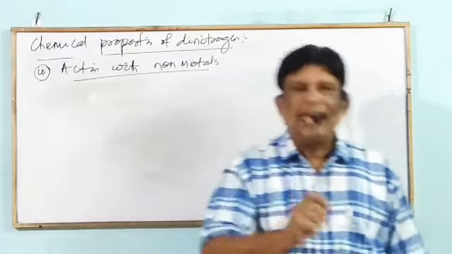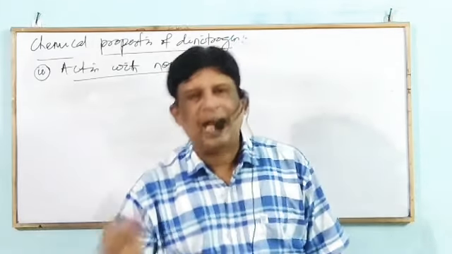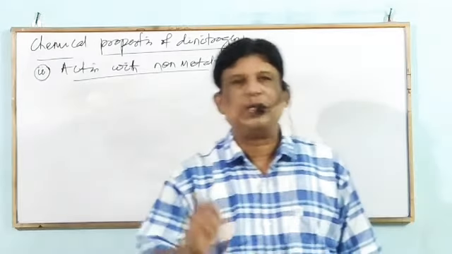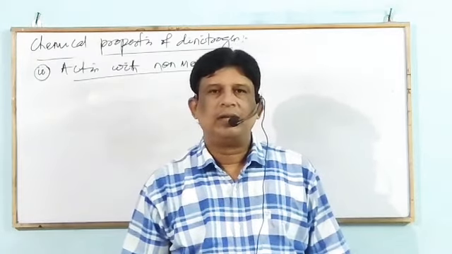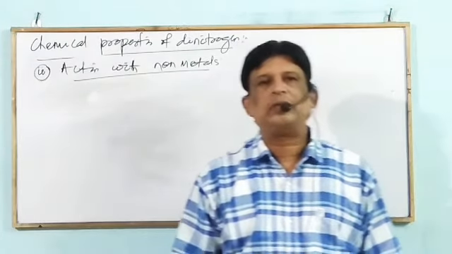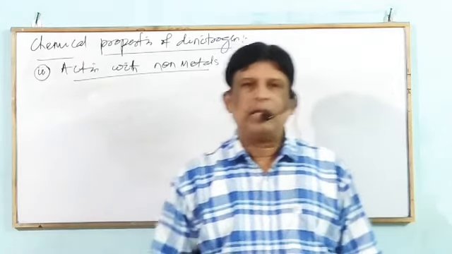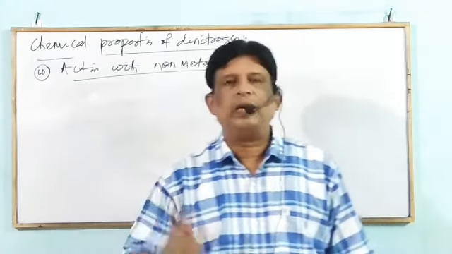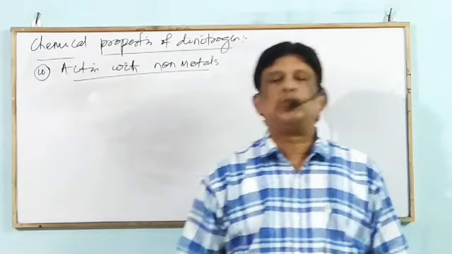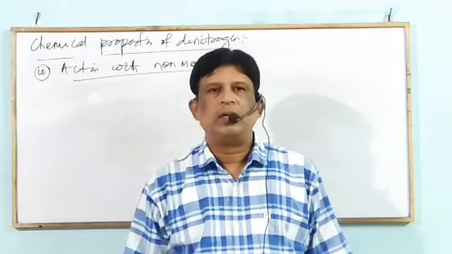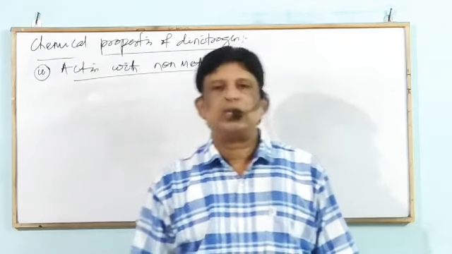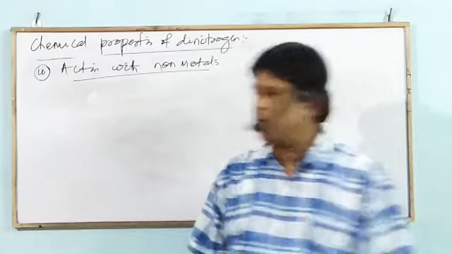When dinitrogen combines with dihydrogen, it results in the formation of ammonia. The favorable conditions are low temperature, that is 720 Kelvin, high pressure, that is 200 atmospheres, and finely divided powdered iron acting as a catalyst supported over molybdenum. Mark the equation.